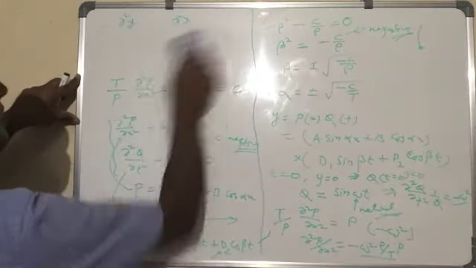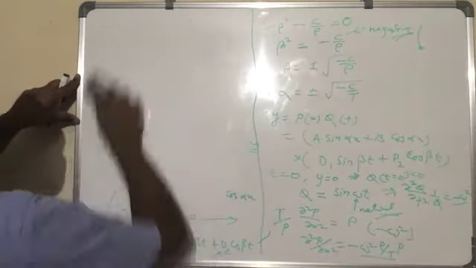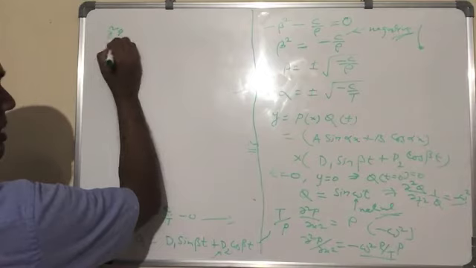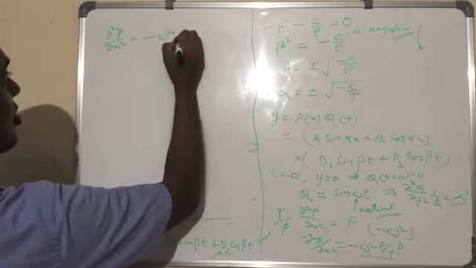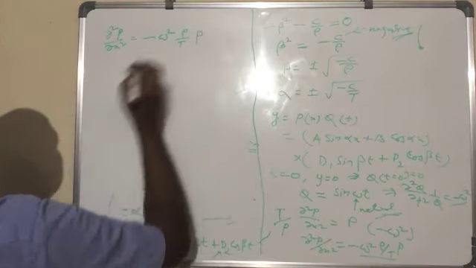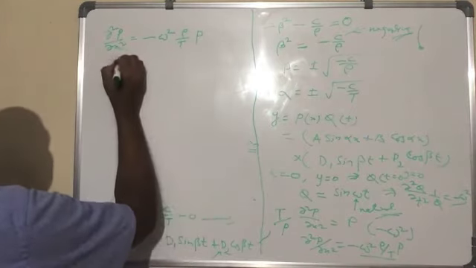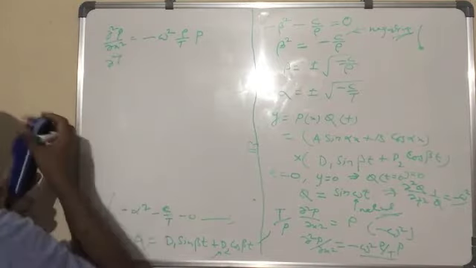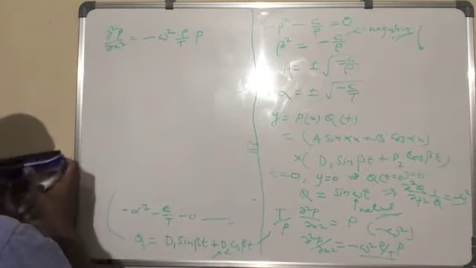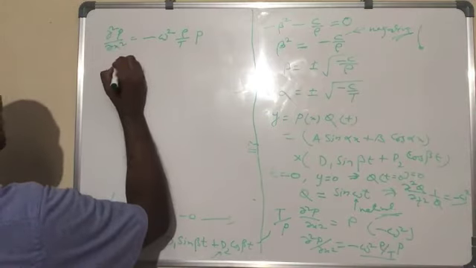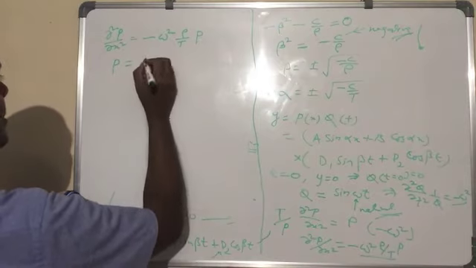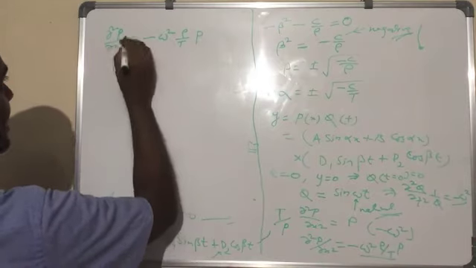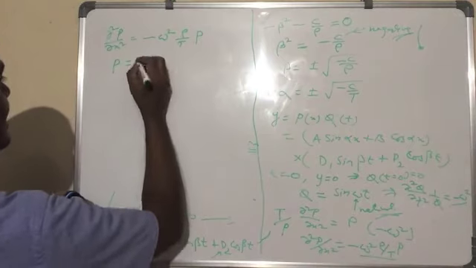So the next one, from here, del square p over del x square equal to minus omega square rho over T times p. Okay, then for the solution p, again p is also sinusoidal as we said earlier, right?